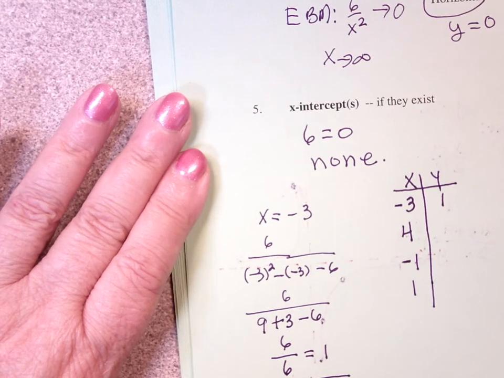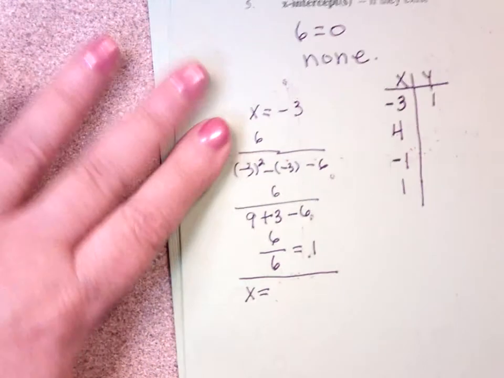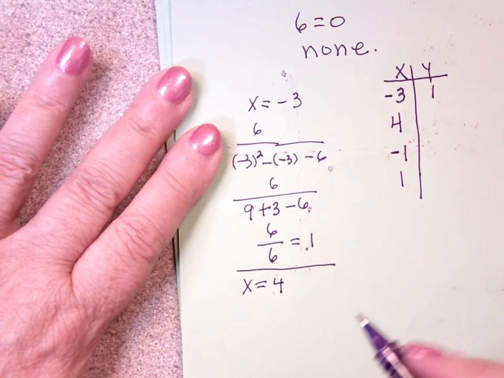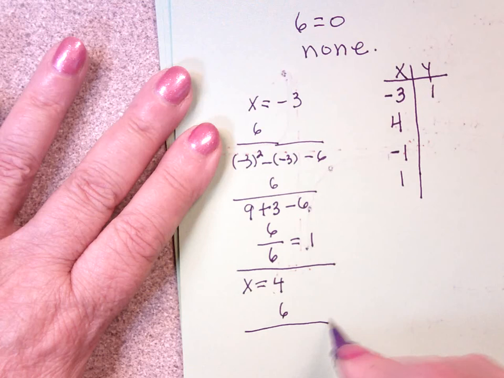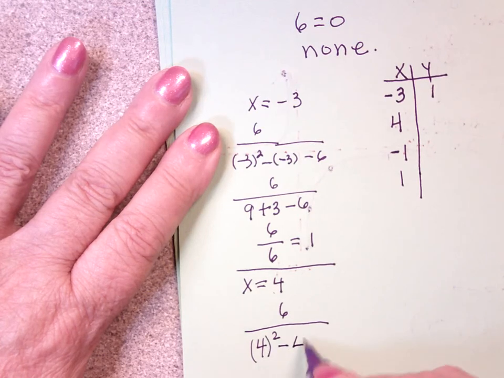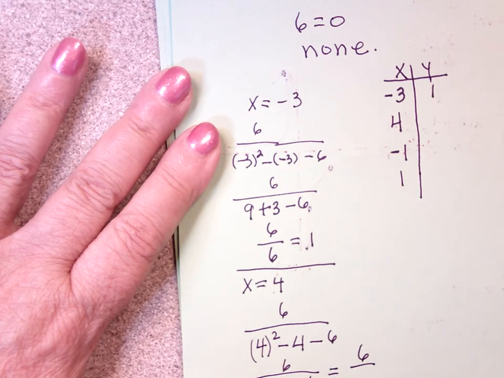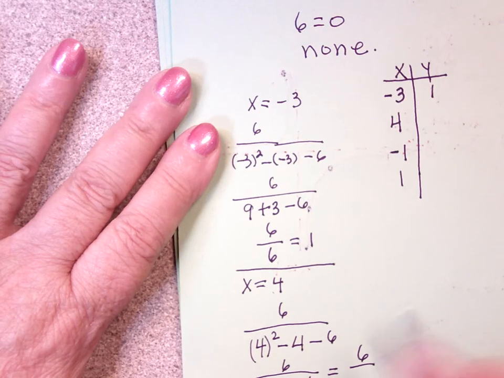If x is 4, I'll have 6 over 4 squared minus 4 minus 6, which is 6 over 16 minus 4 minus 6, which is 6 over 6, which is 1.